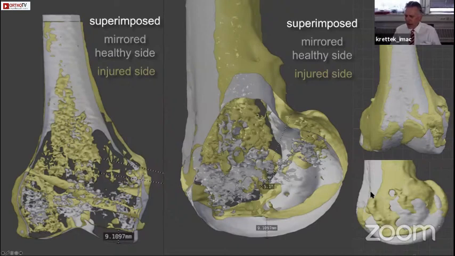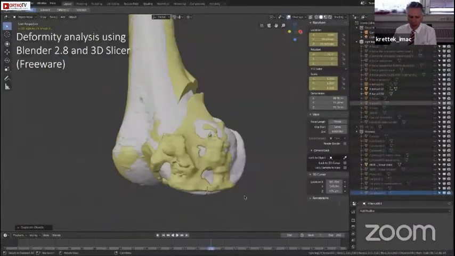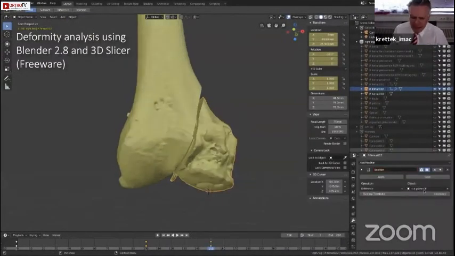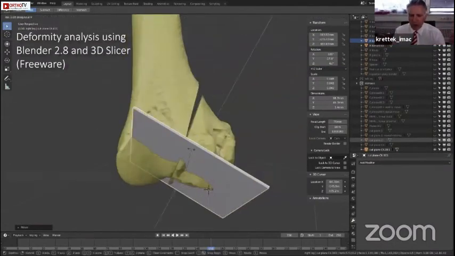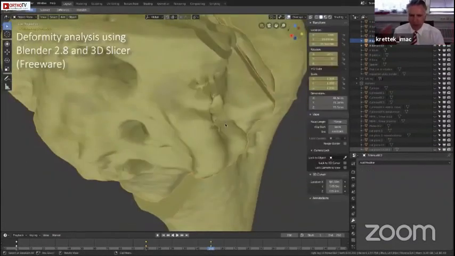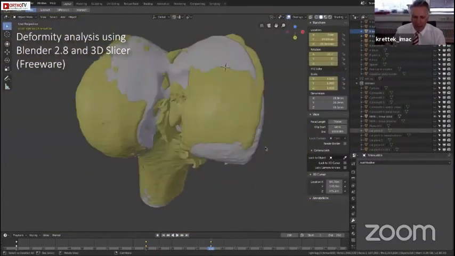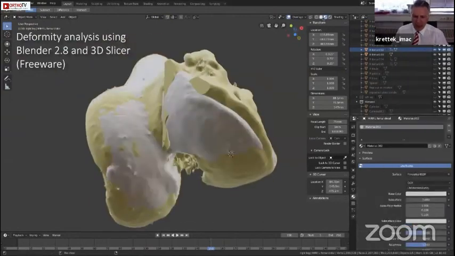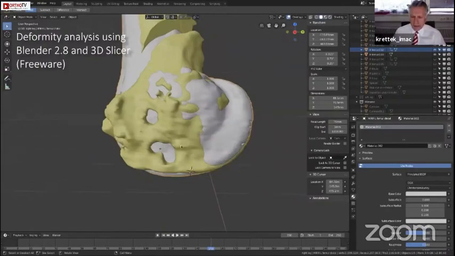And not only that, we also have some additional intra-articular bumps, which cause additional pain and problems. And these 3D data sets, as you see here, can be nicely used to play on the screen to do virtual osteotomies in order to end up with something which closest fits the contralateral side by comparing the green fractured side together with the gray normal side. So this is very, very helpful.